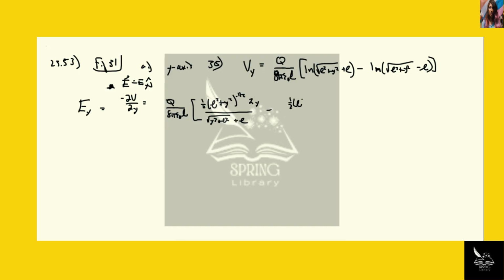So let's write this out: times 2y all over y squared plus L squared minus L. And now we forgot our minus sign from here, so let's add that in. Cool.